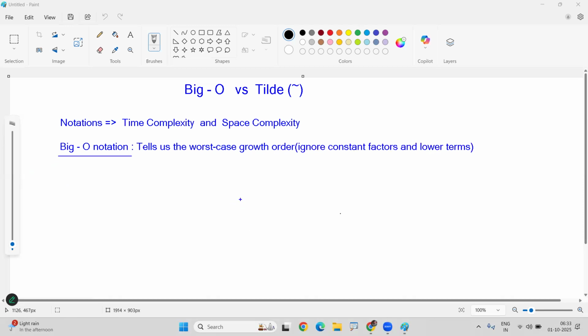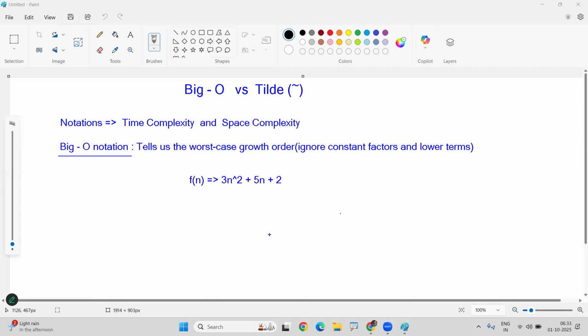Let's say I'm taking f of n. Suppose one algorithm is doing the function 3n square plus 5n plus 2. So these are the exact steps.